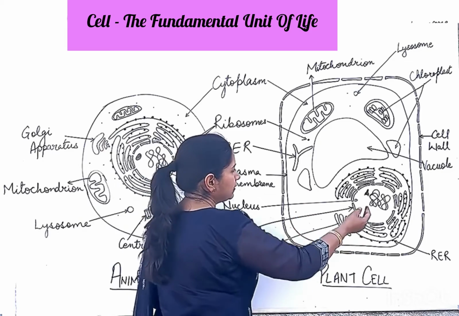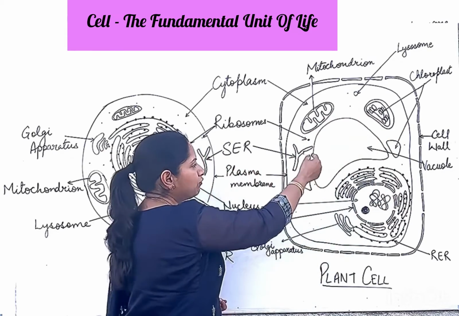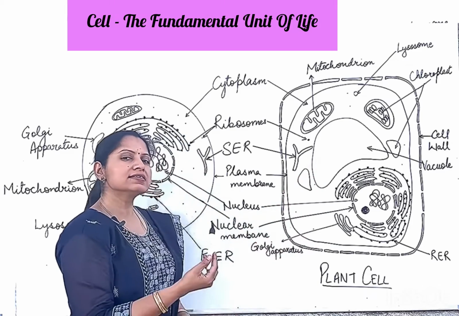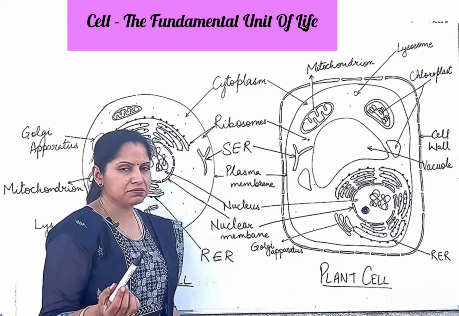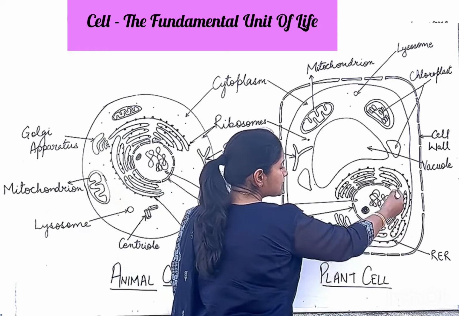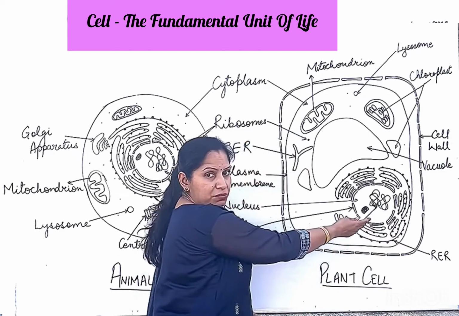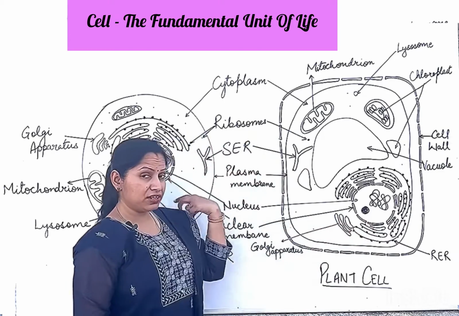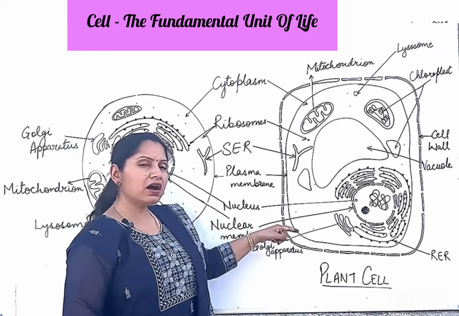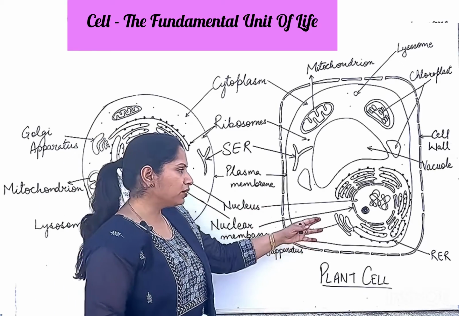Now, the fluid part inside the cell, the cytoplasm, is the same in the plant cell as well. In a plant cell also, there is a nucleus containing the genetic material, that is chromatin threads and the nucleolus. But you can see in a plant cell, the nucleus is shifted to one corner.